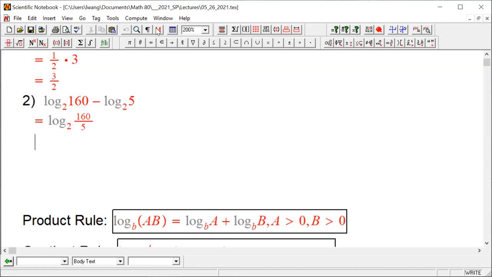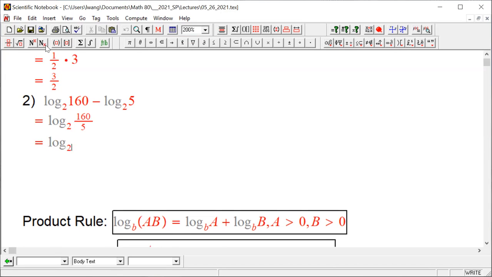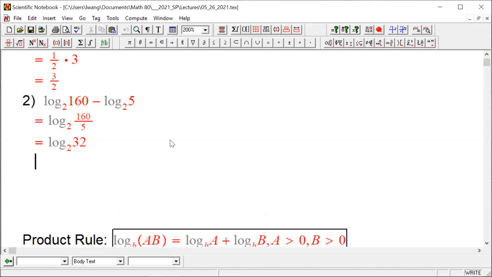What do we get there? So log base 2 of 160 divided by 5. 160 divided by 5, what do we get? Is that 32? And the answer is 5. So you can use a quotient rule.